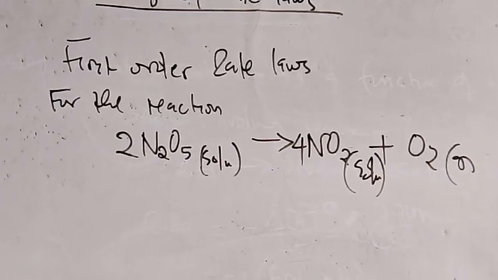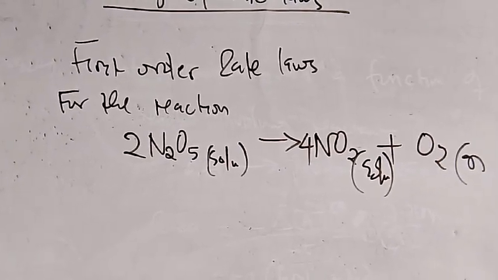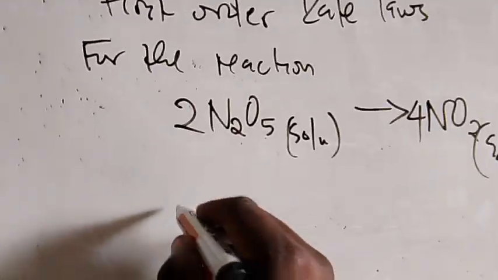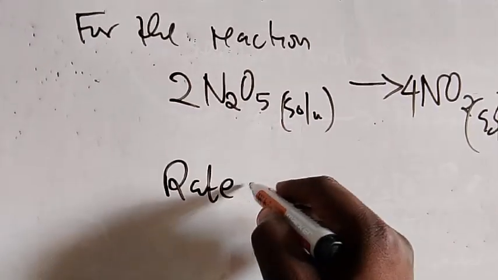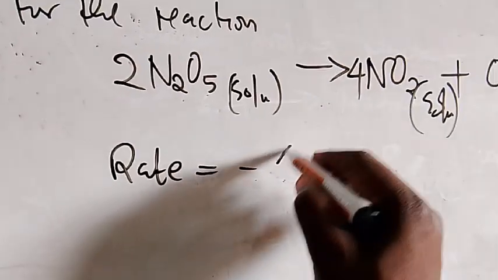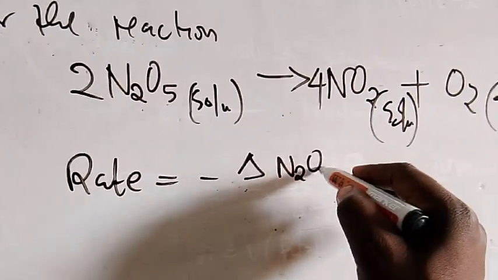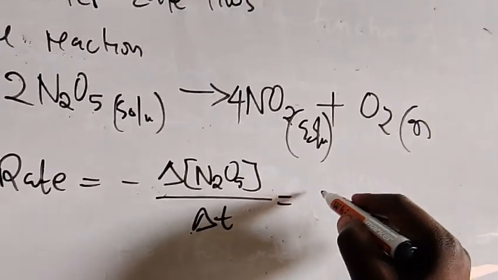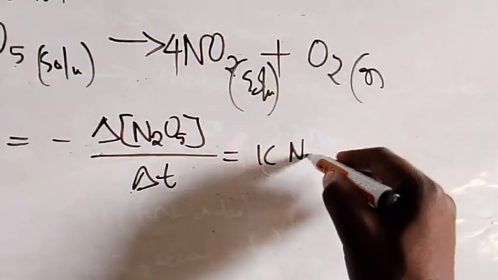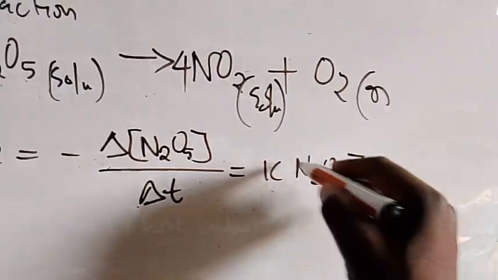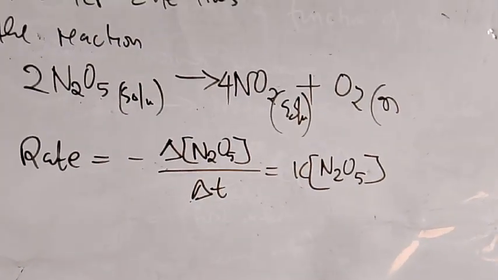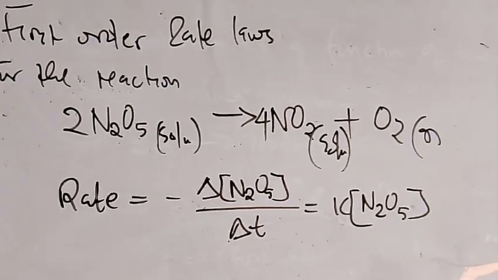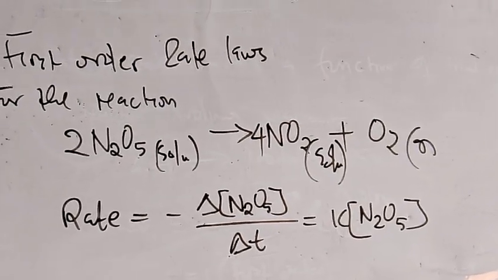So we can write the rate for this reaction. The rate is equal to negative delta N2O5 over delta T, which is equal to k times N2O5.